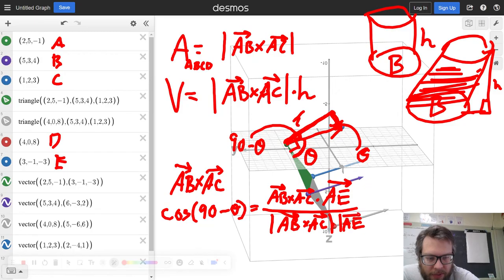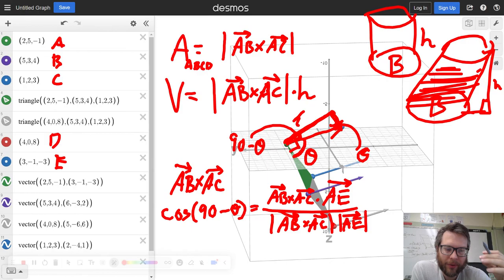So that's just your basic cosine of theta formula for two vectors. The only slightly weird thing is I labeled that as 90 minus theta because it's not the angle between AE and the base of your parallelogram. It's the angle between AE and the normal to your parallelogram. So that's why I did 90 minus theta.